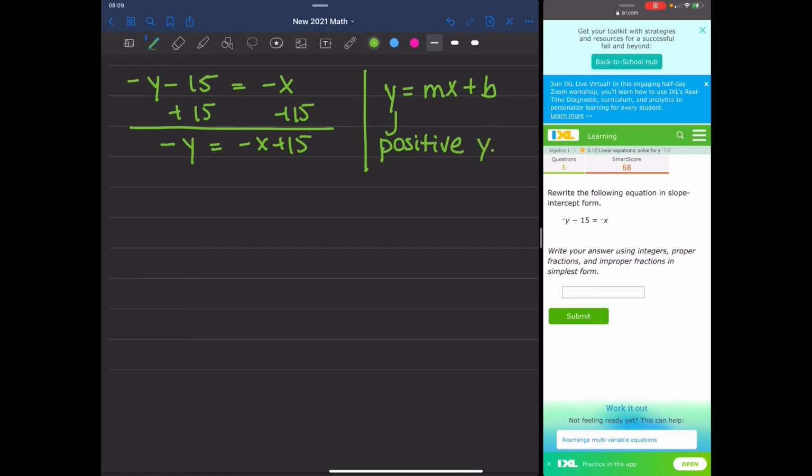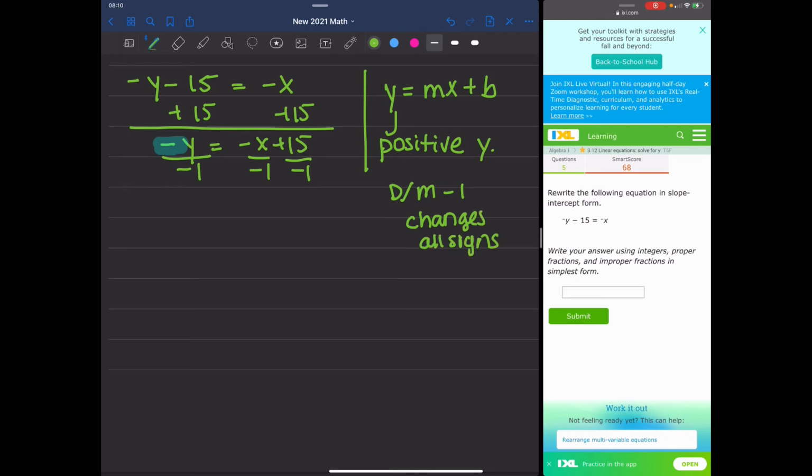You should know that this is a positive y, okay? So because this right here is a negative, it's a negative y, I'm going to divide both sides by -1. So when you divide or multiply by -1, it changes all signs.